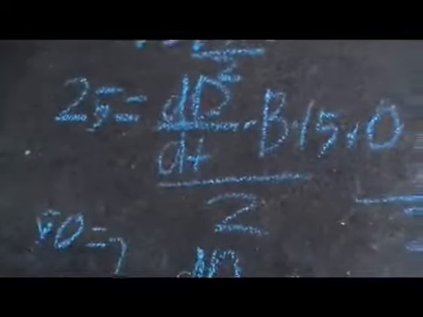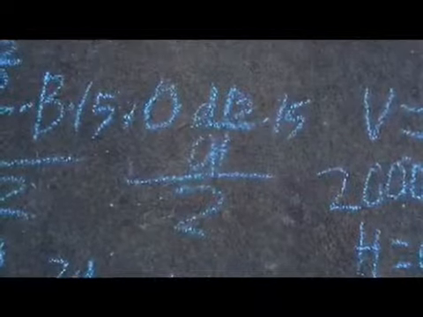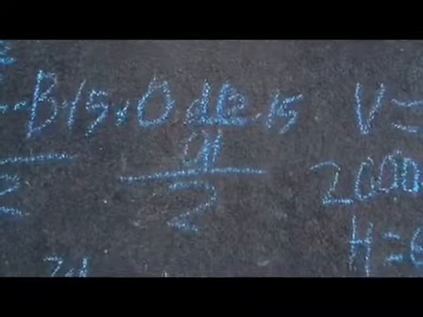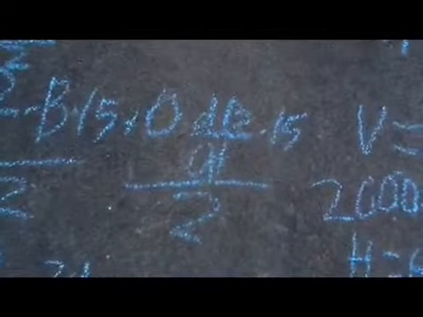So we have 25 equals dd/dt times b times 15 over 2 plus d times db/dt times 15 over 2. And we don't have dw because dw is 0, so that whole part would just equal 0 when we add it. So there's no point in having it.